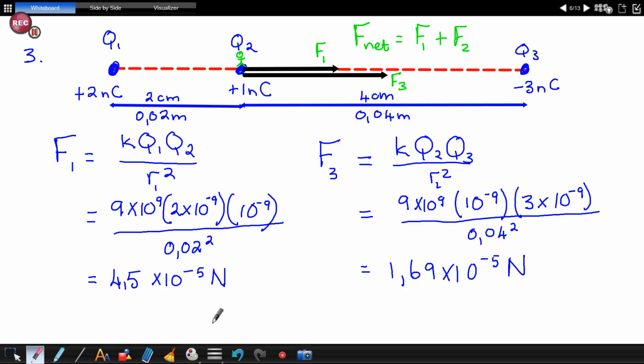Now I'm going to rewrite that formula there.